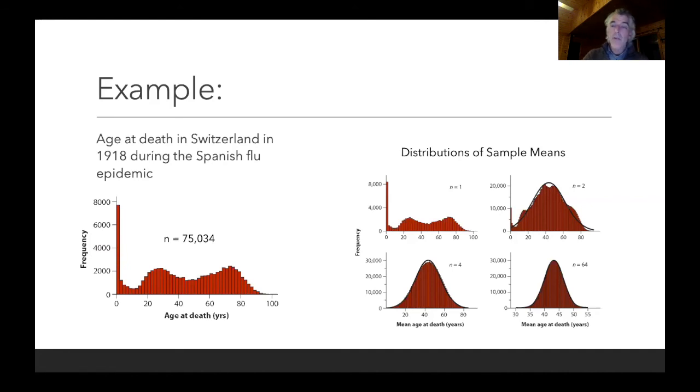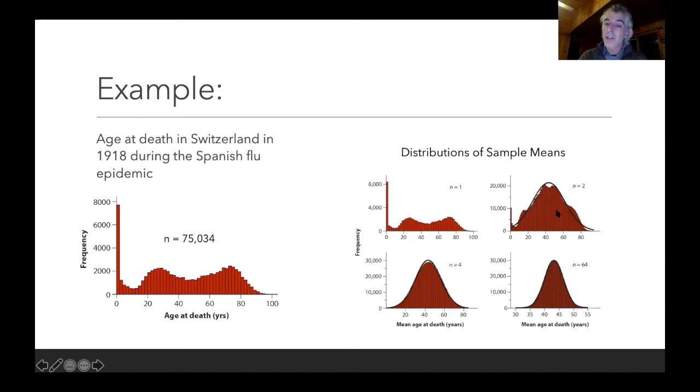But if we sample from this distribution and we collect a random sample of even 2 observations, we get a sampling distribution that itself is starting to look kind of normal. If we sample only a single observation, then our sampling distribution just recreates the original observations.